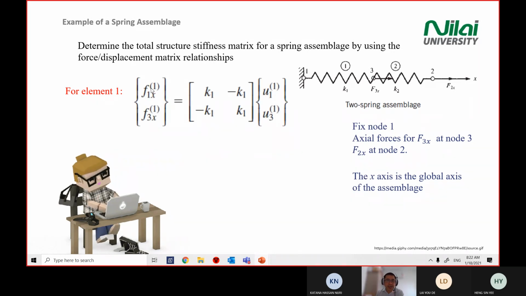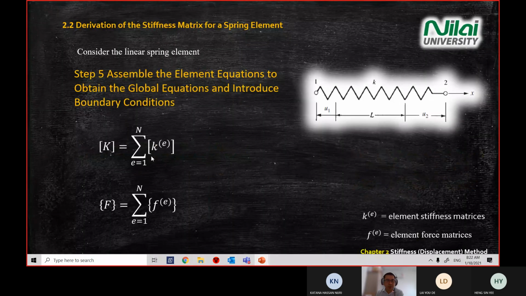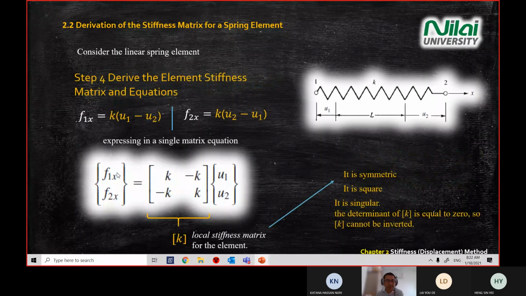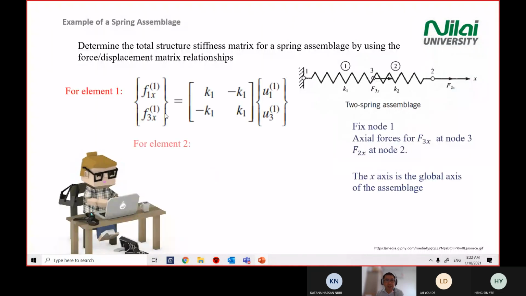We write the stiffness equation that we saw just now. We only change the small denotation. This equation that you saw on the screen just now, F equal to the K matrix times the displacement matrix, you just change the small numbering here. You just look at the diagram and change the formula accordingly.